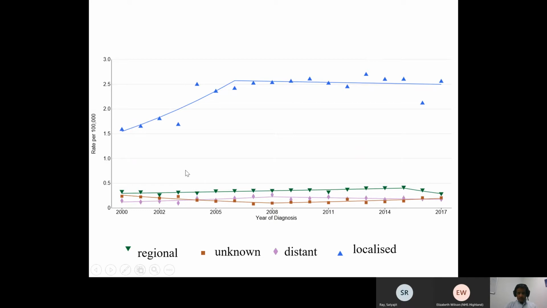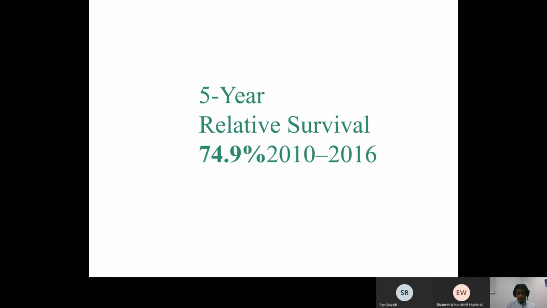So when they're diagnosed, most of them are localized. The blue is the localized one, so the tumor is localized to one region in the brain when they're diagnosed, most of them. Regional spread, meaning beyond the site of origin to another part of the brain, is green. Distant metastasis to the spinal cord, meninges, and other places is the purple one. The one in brown is unstaged, so staging information is not known for them.